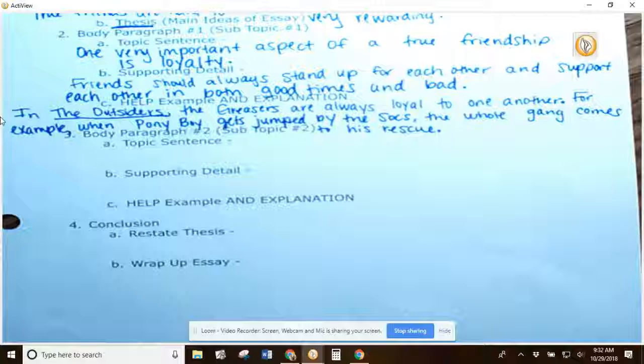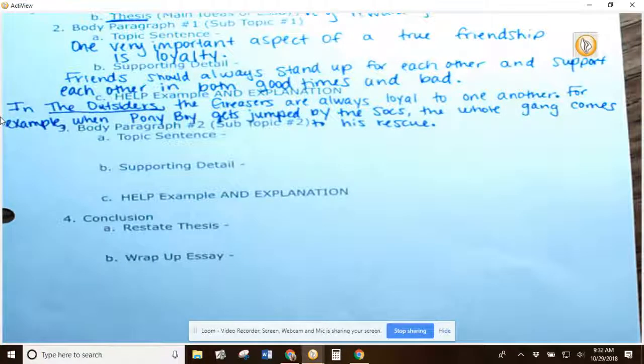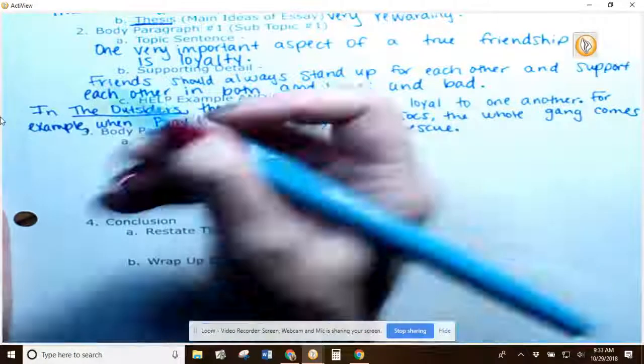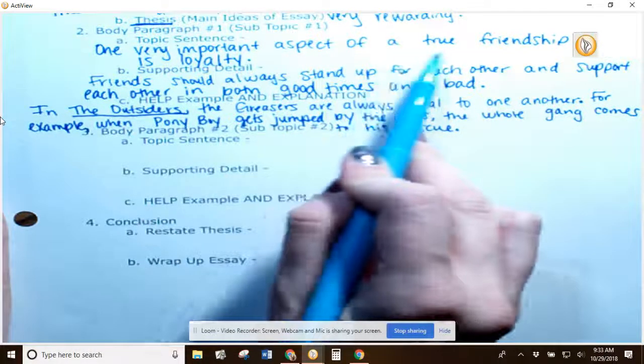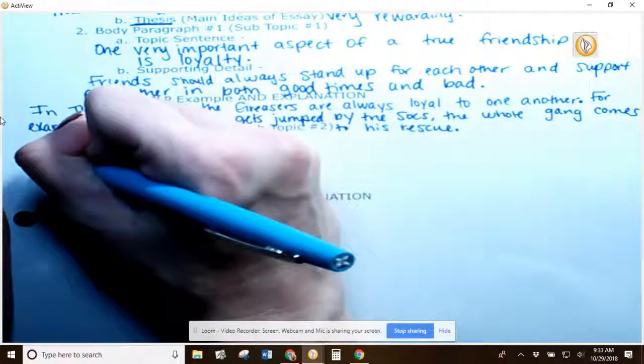Okay, so our second paragraph is going to be about what? Trust. I'm going to change colors here just to make it a little bit more clear on mine. Okay, so our second paragraph should be about trust. So we want to make another topic sentence. Okay, so we said one very important aspect of a true friendship is loyalty. We could say what?